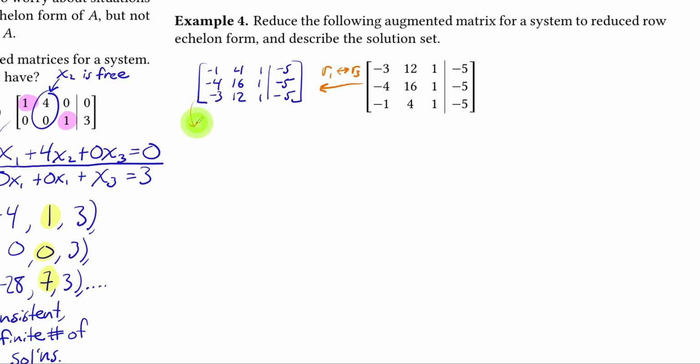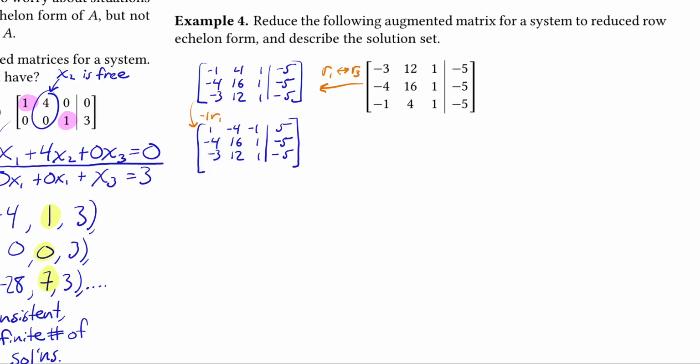Maybe we can make that become a positive 1 by doing negative 1 times row 1, so basically multiplying both sides of this equation by negative 1. Okay, now the next thing to do is to clear all of the x1 coefficients below this leading entry position where you have that 1x1.